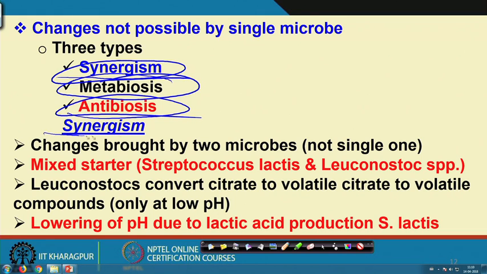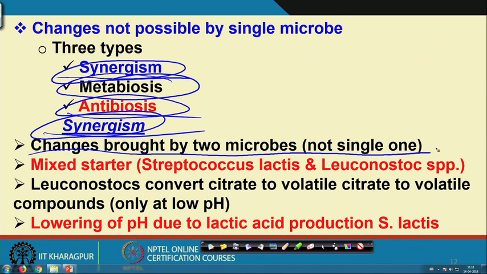Synergism, what is that? Synergism is changes brought by two microbes, not a single one, right. Words like synergistic and synergesis have come along with it.